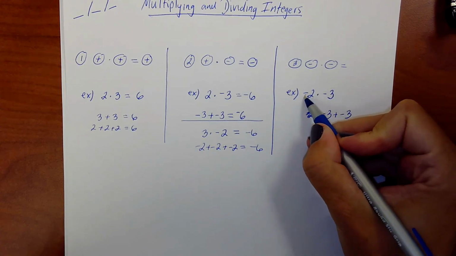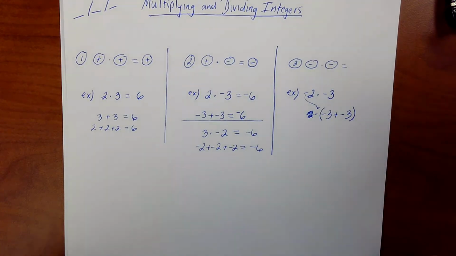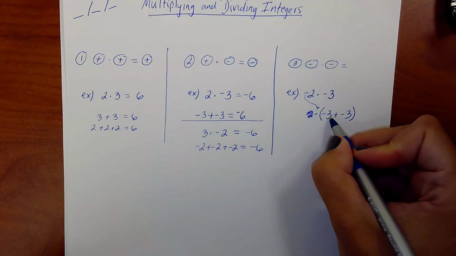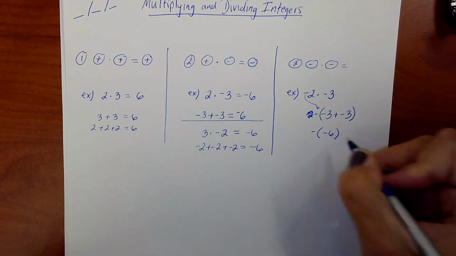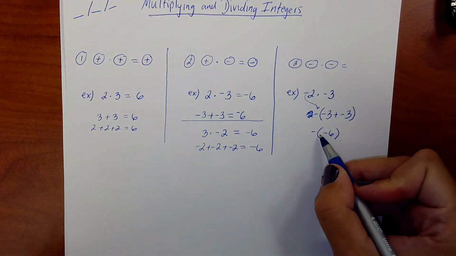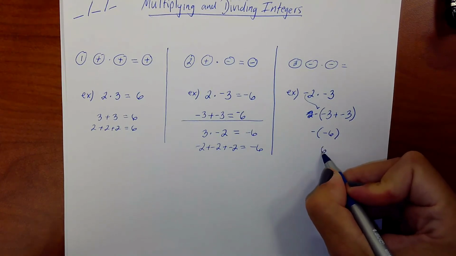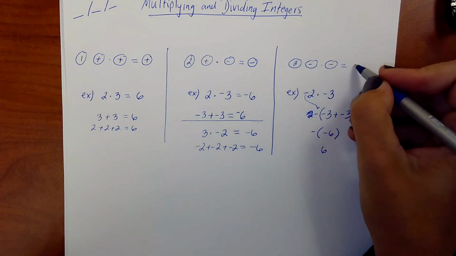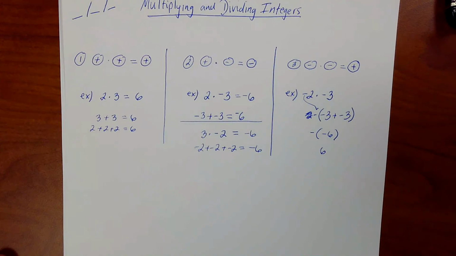But I can't ignore that negative forever. So I bring it down, and there we go. So I've got negative 3 plus negative 3. So that's going to be looking like this. And what does that mean? That means find the opposite of negative 6. 6. So it turns out when you have a negative times a negative, you always get a positive.